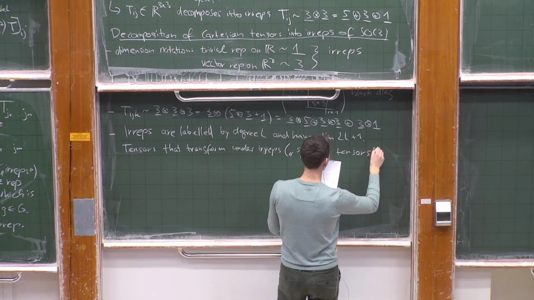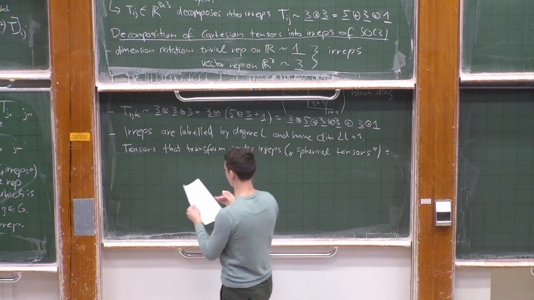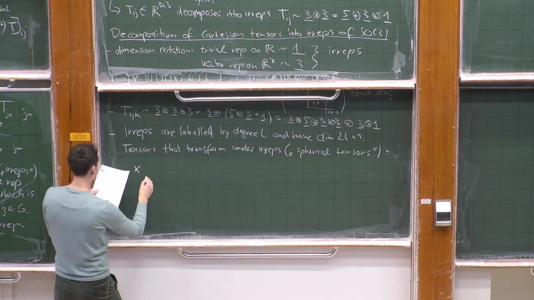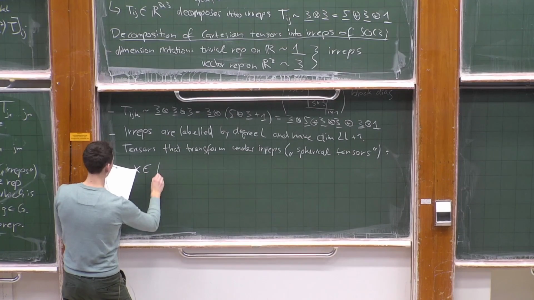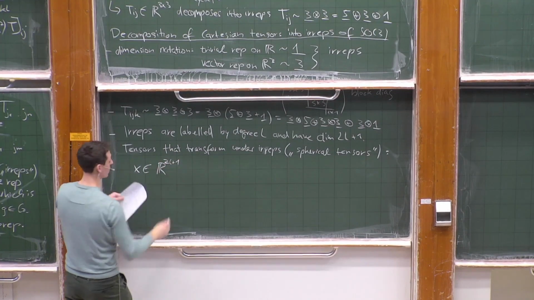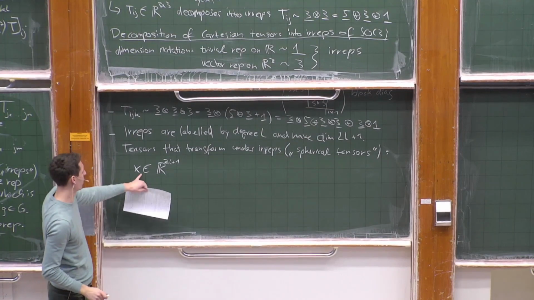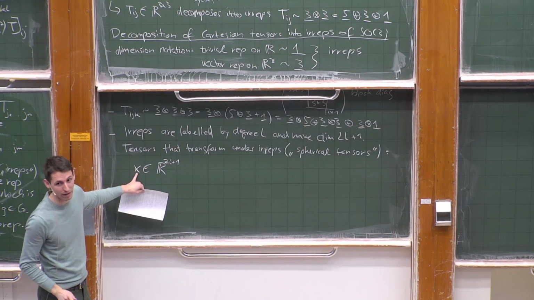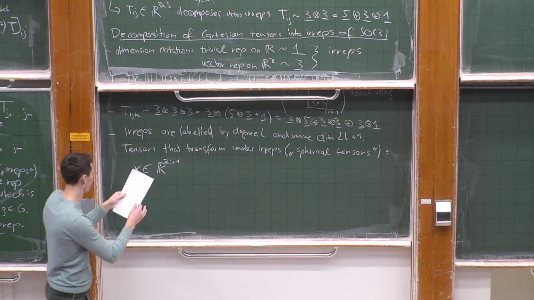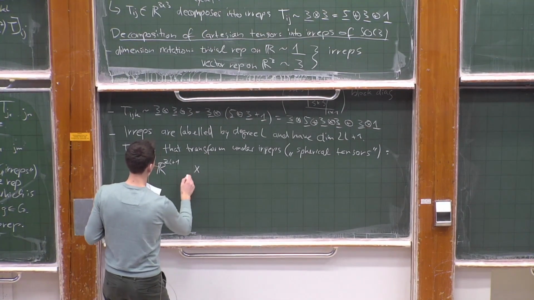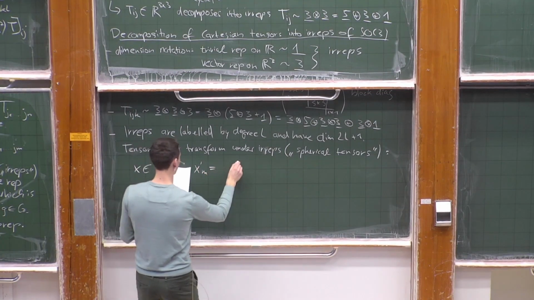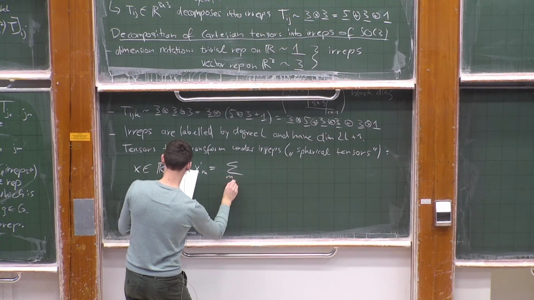We will see in a bit where the name comes from. And the transformation behavior of them looks like this. So if we have a tensor which lives in the R to the 2L plus 1 dimensional space, and this will transform under the irreducible representation labeled by L, then the coordinates will transform like this.